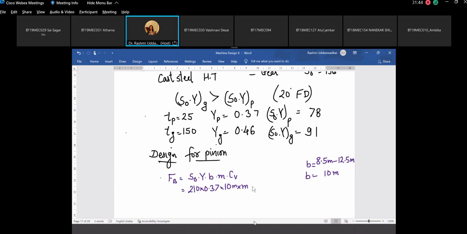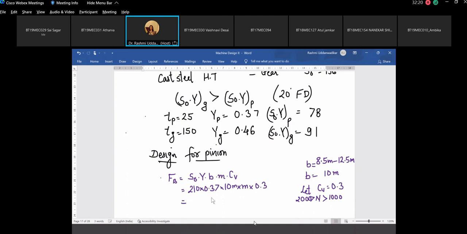So we assume the value of C_V as 0.3 without using the formula because the value of V_p is not known, and this is because N is greater than 1000 RPM and less than 2000 RPM. Once we get the module and the value of V_p, we'll calculate the actual value of C_V and then compare it with this C_V.